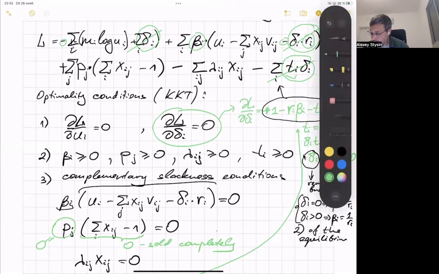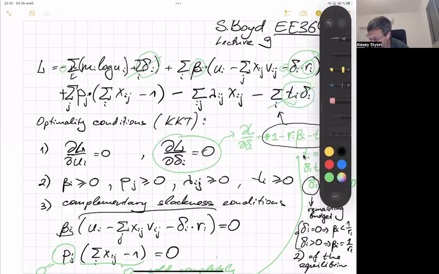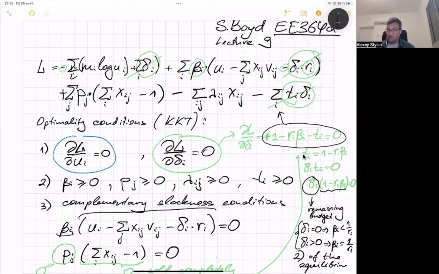So now let's proceed with the second one. I will choose a different color. Let's see what we should do about this one. When we take the derivative of the Lagrangian with respect to ui, here is ui, and this is the second time it appears.